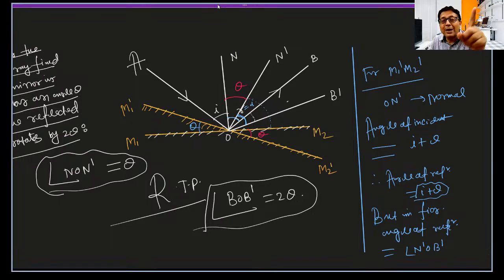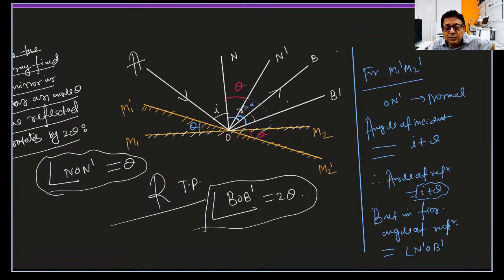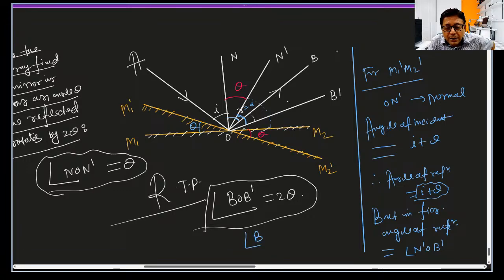Our problem is to find B dashed OB dashed. B dashed OB dashed is equal to N dashed OB dashed minus N dashed OB. This is the simplest approach.